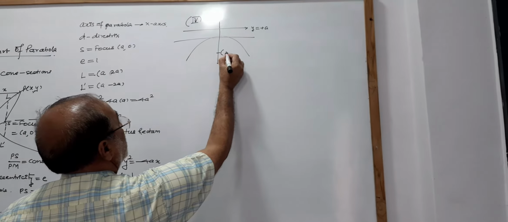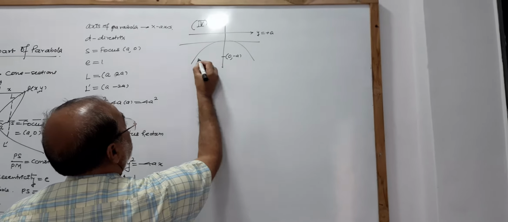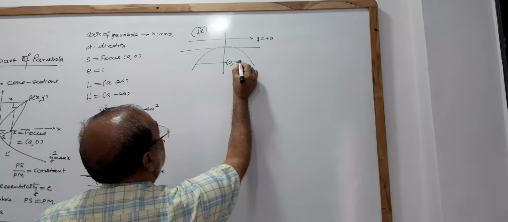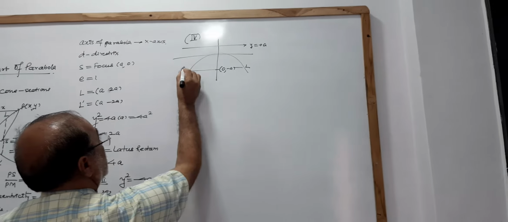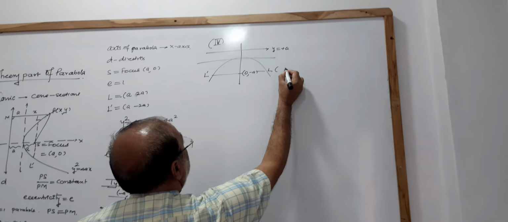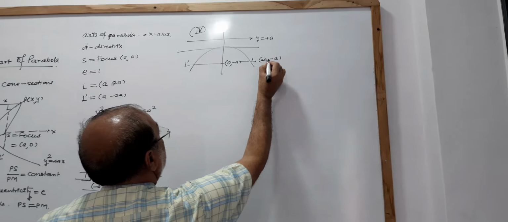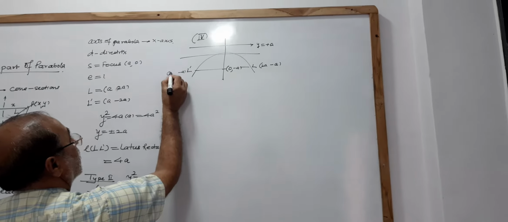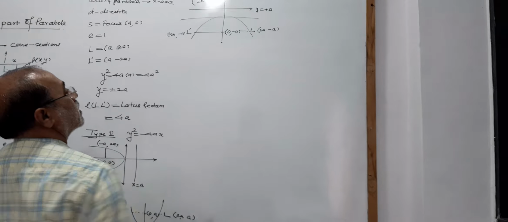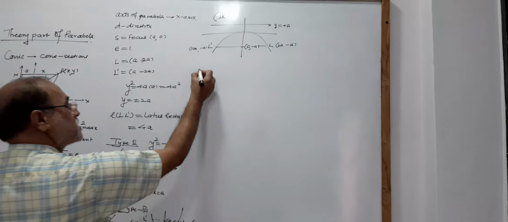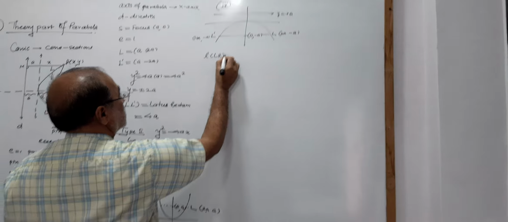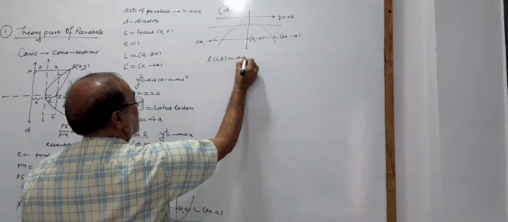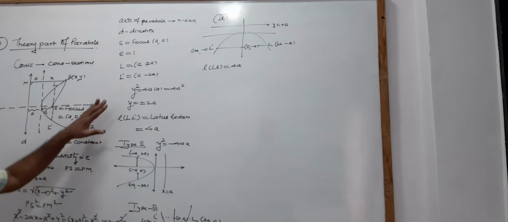Here the focus will be (0, -a), and L and L dash will have coordinates (-2a, -a) and (2a, -a). In this case again, the length of the latus rectum is always fixed, that is 4a. These are the four types of parabolas in your study.